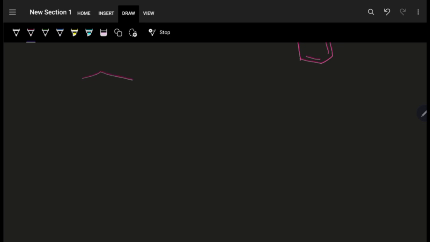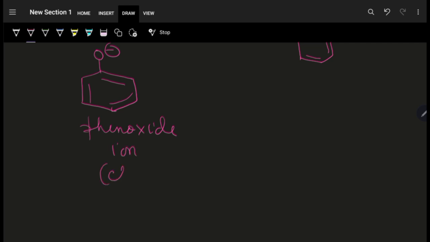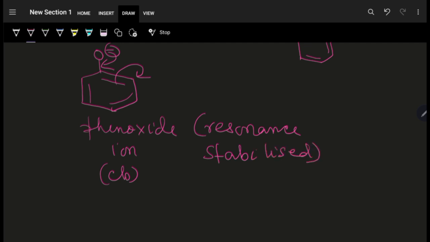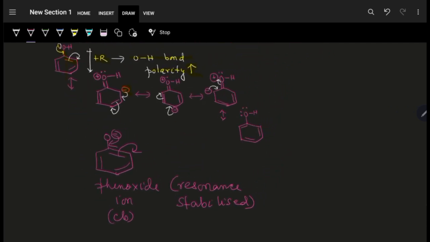This phenoxide ion, the conjugate base after H+ is given by phenol, is again resonance stabilized. And whenever a conjugate base is stabilized, we say the compound phenol has considerable acidic nature.